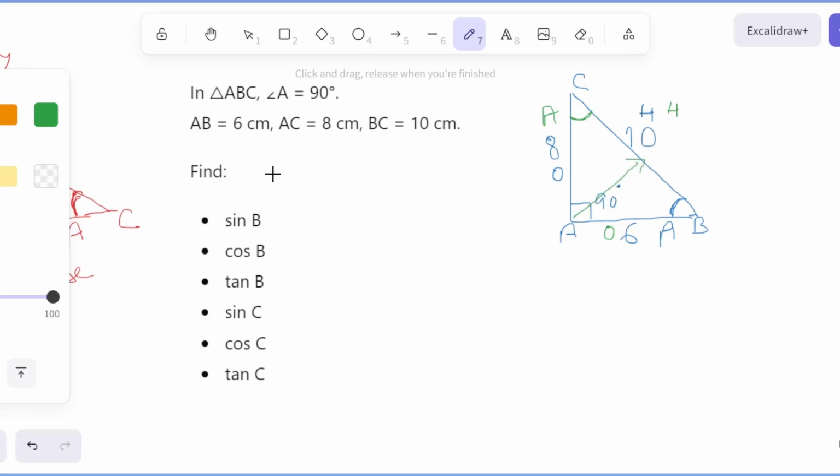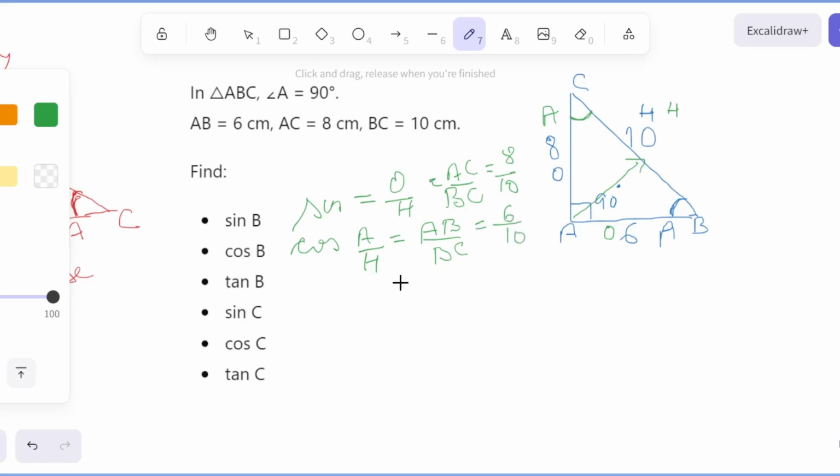Now it's easy. Sine we already know: sine is opposite upon hypotenuse. For sine B, opposite is AC, so AC upon hypotenuse BC, which comes out to be 8 upon 10. Cos B, as cos is adjacent upon hypotenuse, and adjacent is AB, so AB upon BC, which is 6 upon 10.